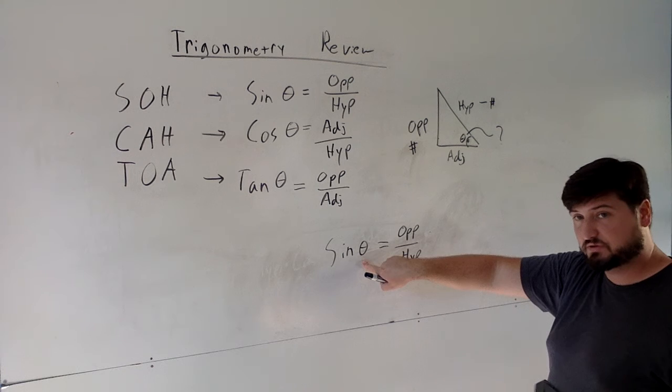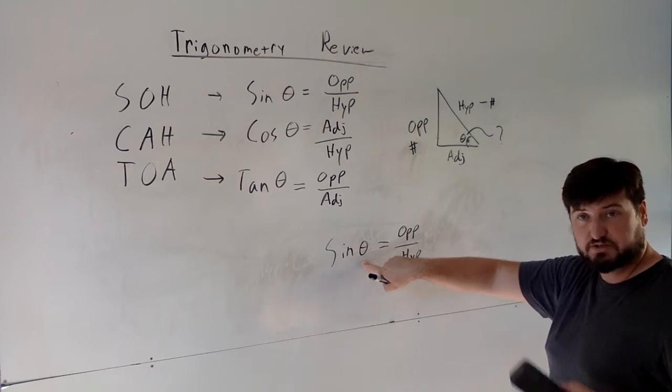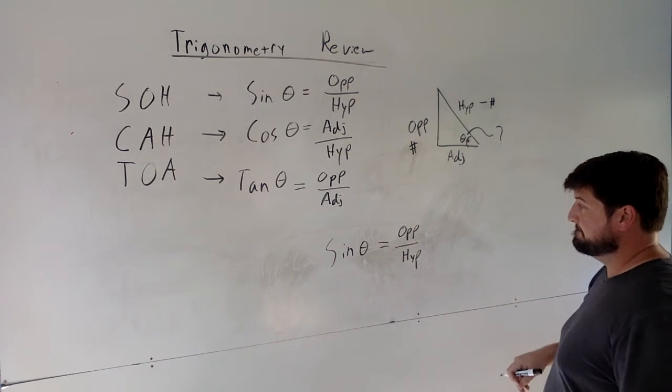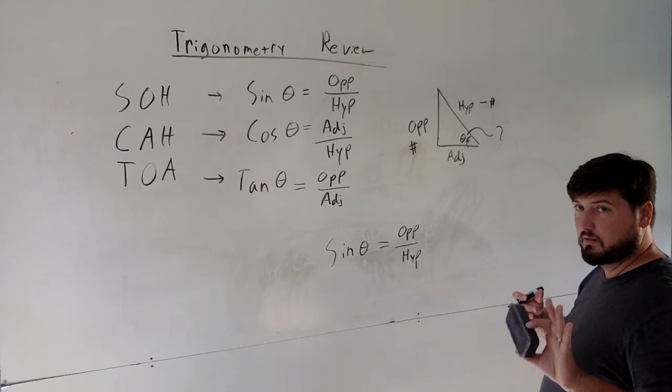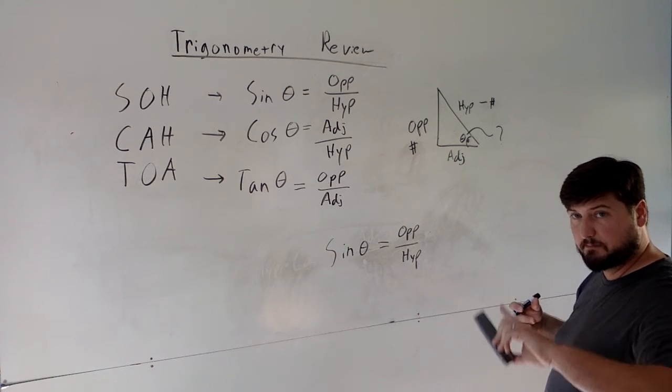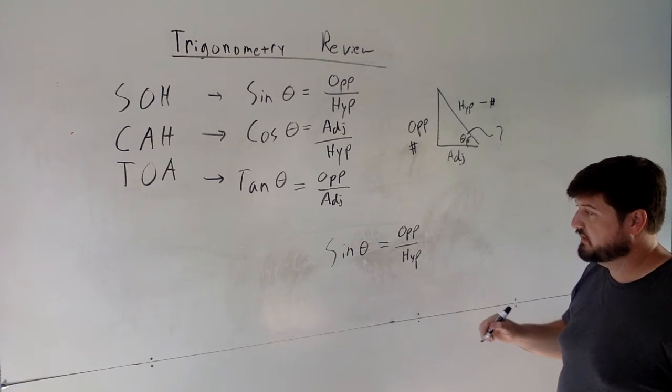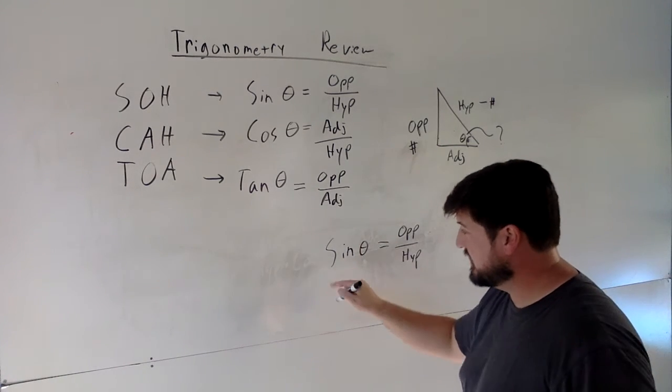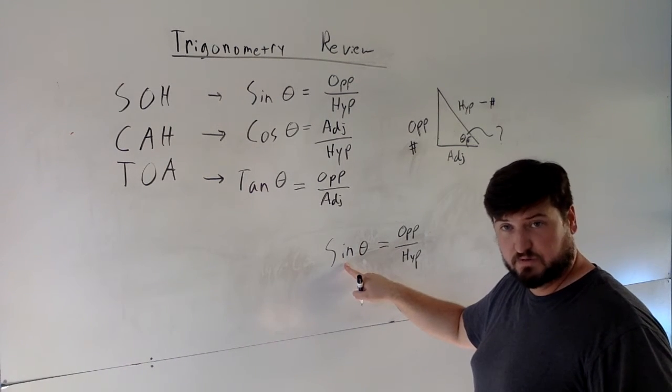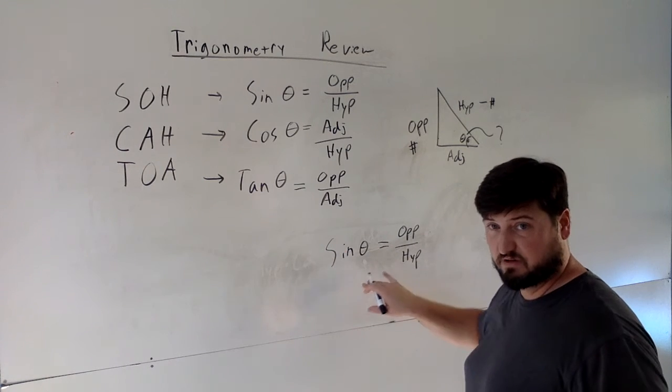Well, this is similar to, but slightly different from rearranging equations. Let me go ahead and do this, and I'm going to back up and show you why. I have to get the sine off of this side. So how do I do that? I do it by doing the inverse sine.